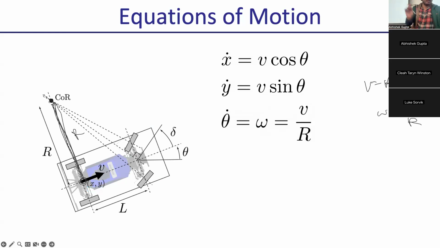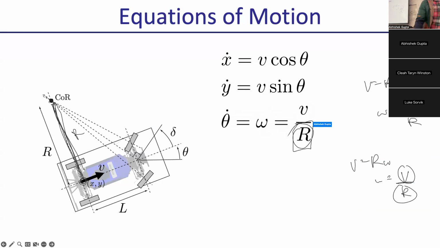But if we knew R, then the change in theta is going to be V divided by R. V is equal to R omega, so omega is equal to V divided by R. If I know V and I know R, then I can get omega. So what we're going to try and do is figure out what R is.